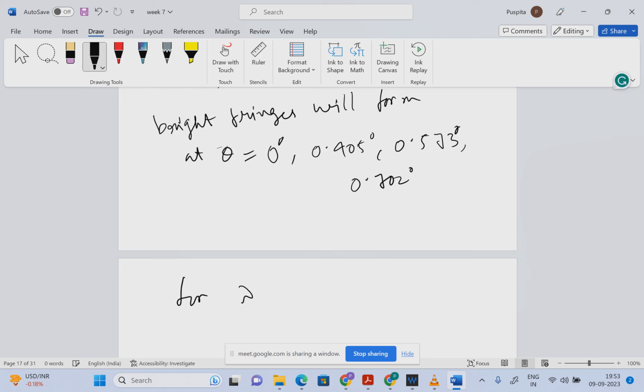For lambda equal to 4998.98 angstrom, theta 2 dash will be cos inverse of m by 40,000.16.